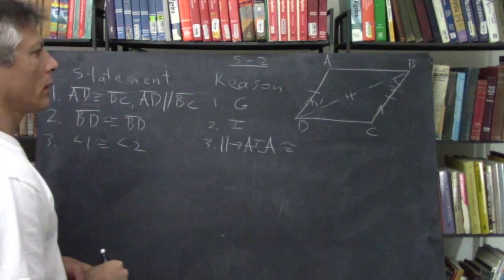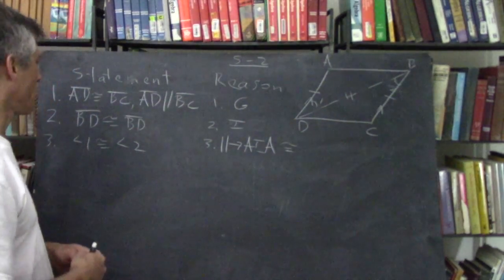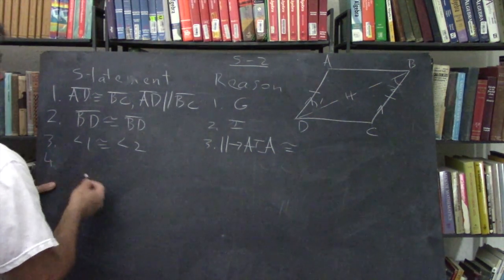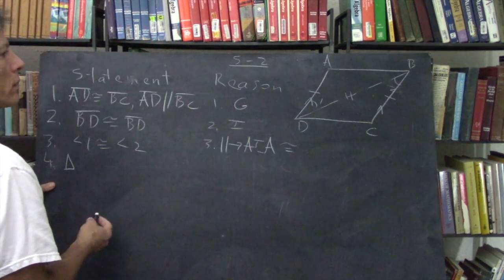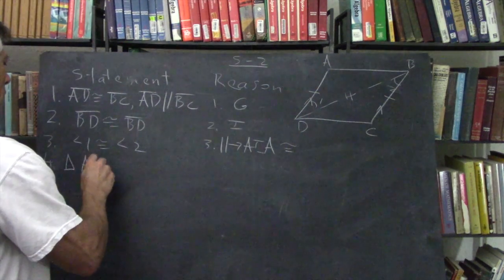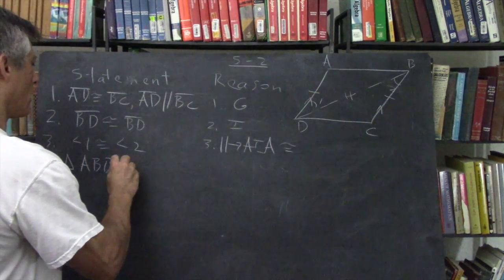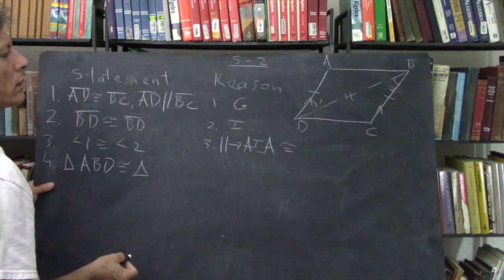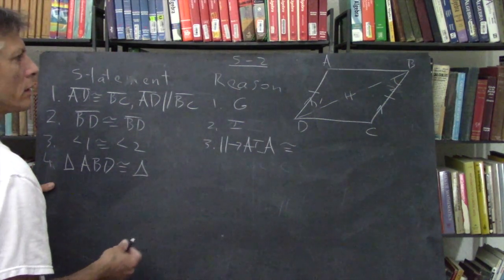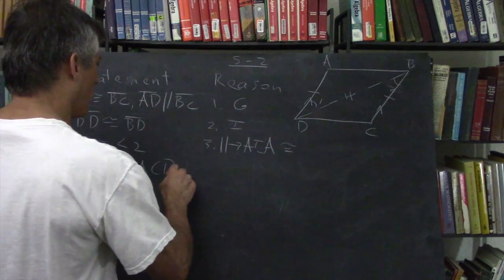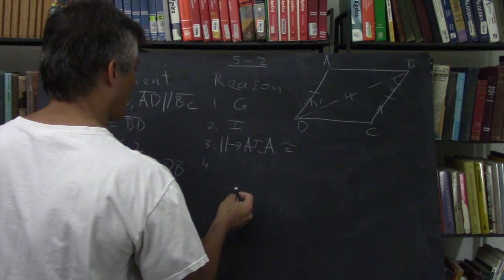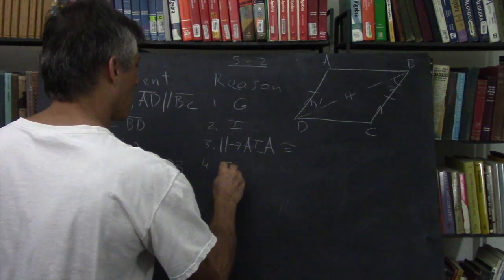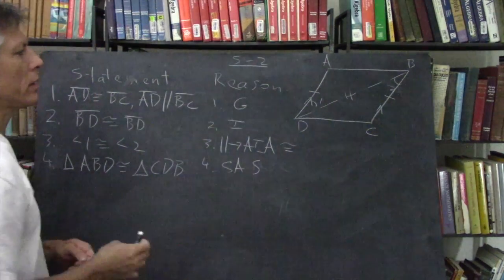Okay, when lines are parallel, alternate interior angles are congruent. And then triangle ABD is congruent to triangle CDB. Side angle side theorem.